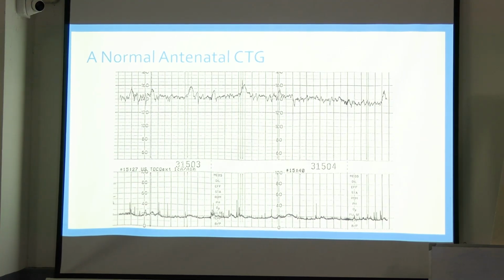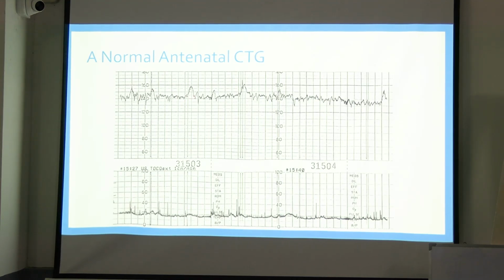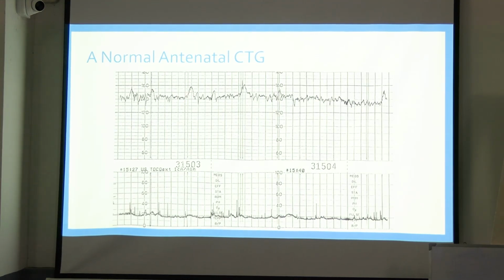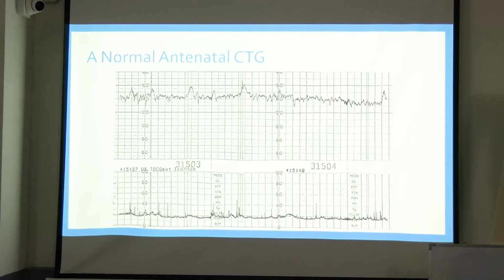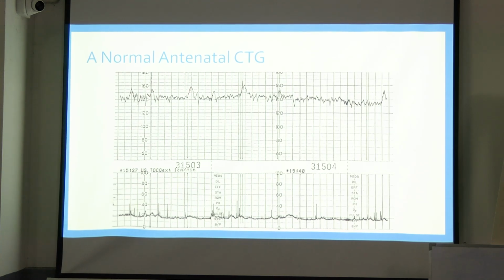Here you can see it is lasting for approximately one small box, that is 30 seconds. Here it is 1 box, 2 box, 3 box. It is more than 15 seconds. So it is a good acceleration.